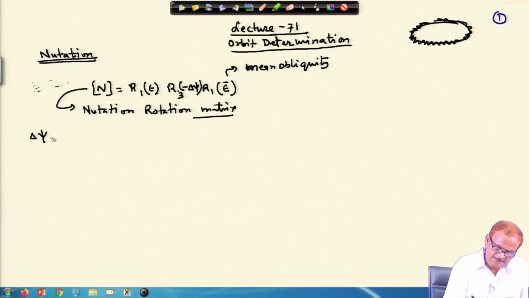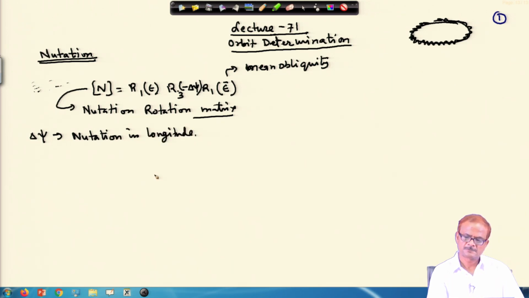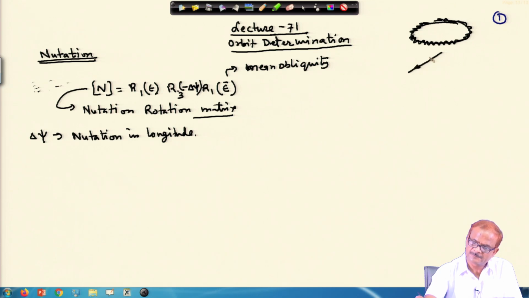Here delta psi is called the nutation in longitude, that means the longitude of your vernal equinox is moving on the equator because of this.